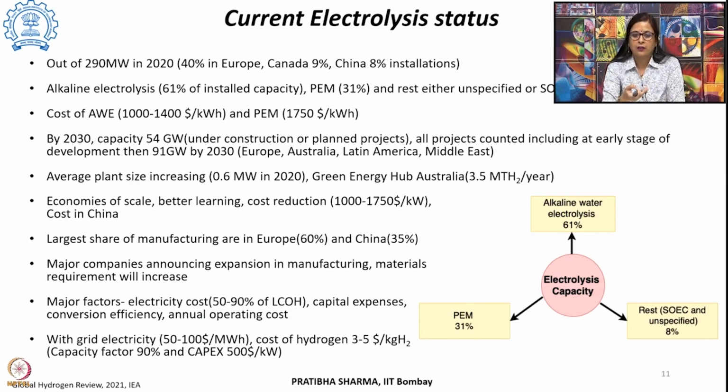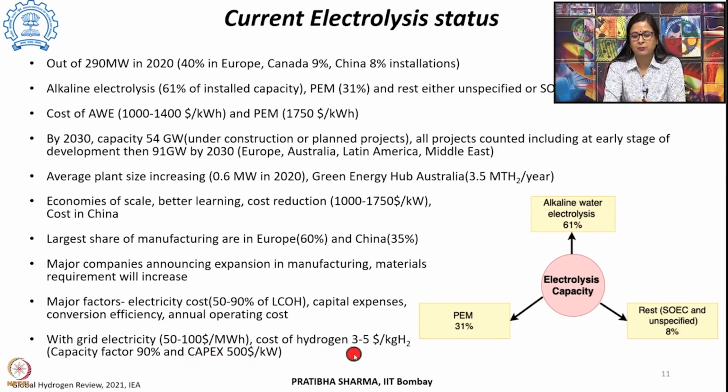The cost will reduce if it is produced from renewables, and let us say if it is produced at zero cost and considering an operating time of 750 hours per year, still the cost will be $3 per kg.